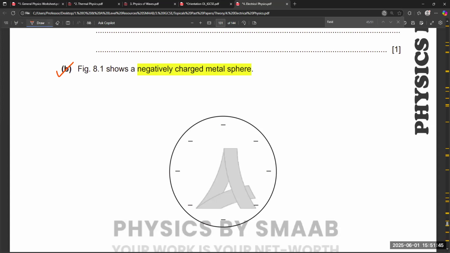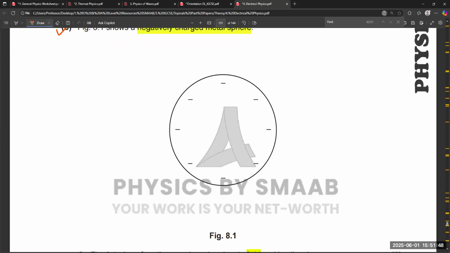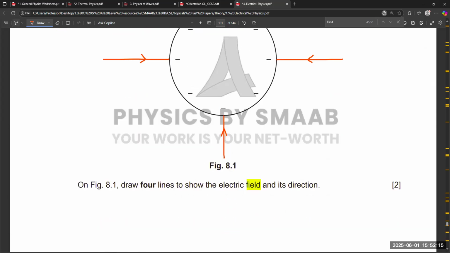This is a negatively charged sphere, so you have to draw at least four: two in the vertical direction, and two in the horizontal direction, in this way. So this is the concept of negative electric field lines. Okay. So this is the concept of electric field lines and electric field.